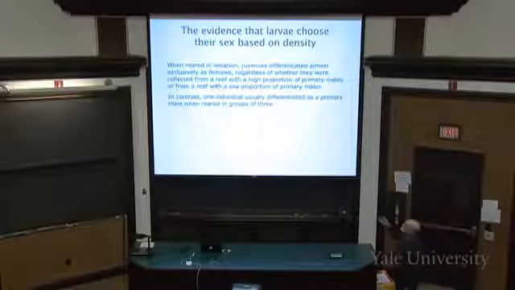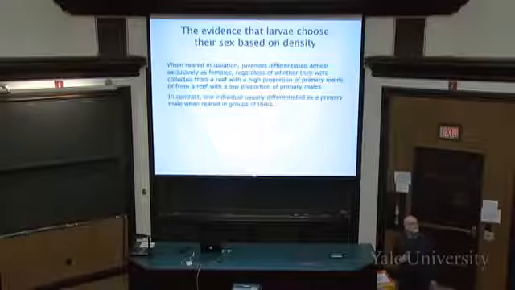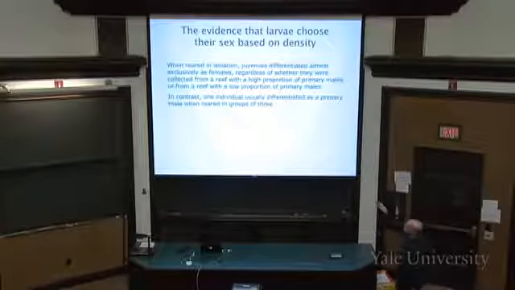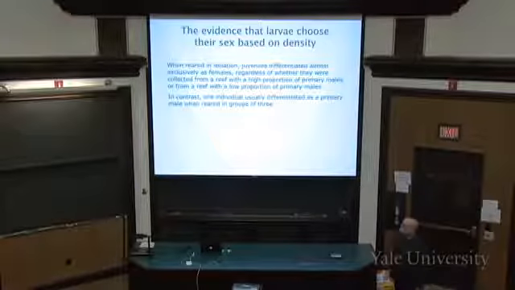So it doesn't appear that that's an inherited condition. But if you have them reared in groups of 3, one individual usually differentiates as a primary male. So as the cues of population size start to accumulate, some of them become primary males rather than primary females.